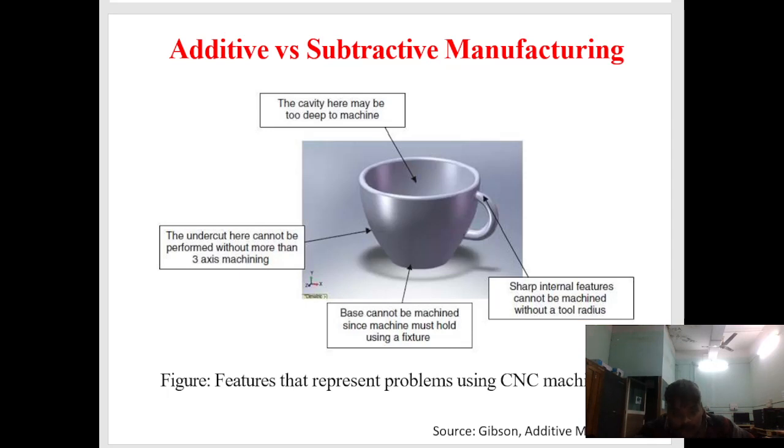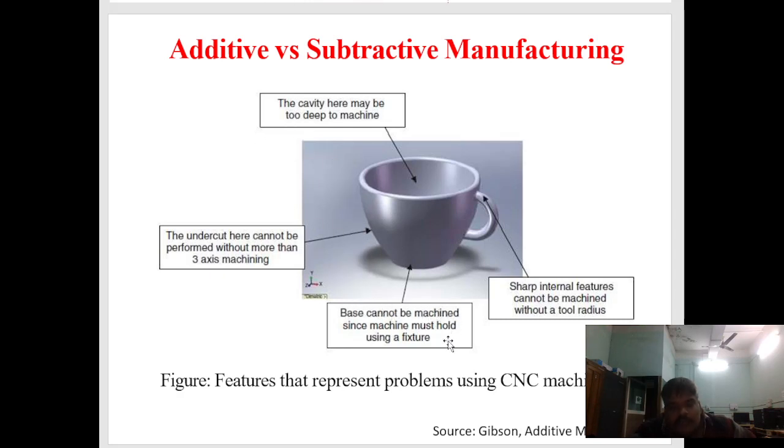Additive versus subtractive manufacturing. Here this is a cup, with features that represent problems using a CNC machine. The cavity here may be too deep to machine. The undercut here cannot be performed without more than 3 axis machine. So here if you want to make this contour undercut, then you have to use more than 3 axis machining.